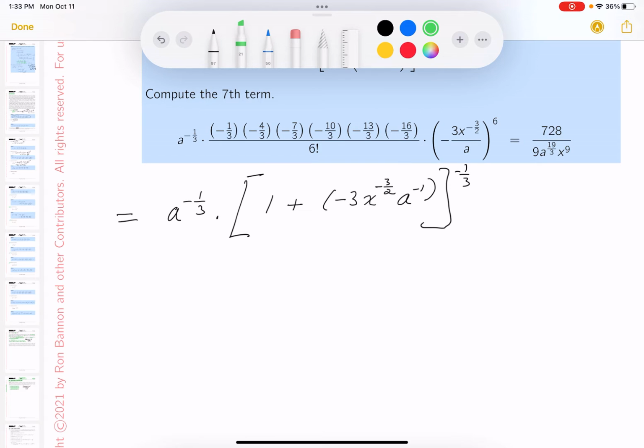I'm not going to write all the terms down, though. Now, for me to get to the 7th term, I'll just write down what I'm putting over here. Equals. And you know there's going to be 1, 2, 3, 4, 5, 6. We're on this term over here. All right?